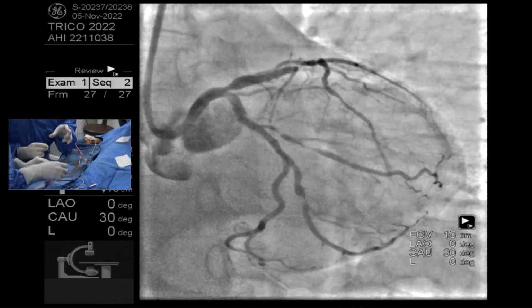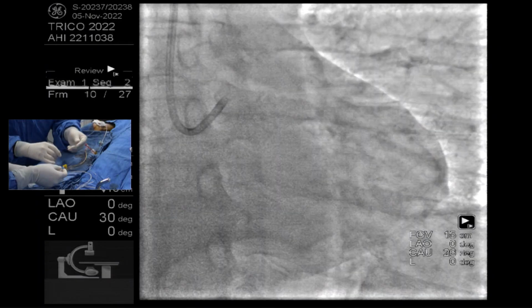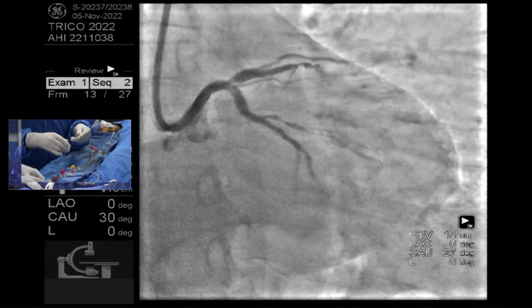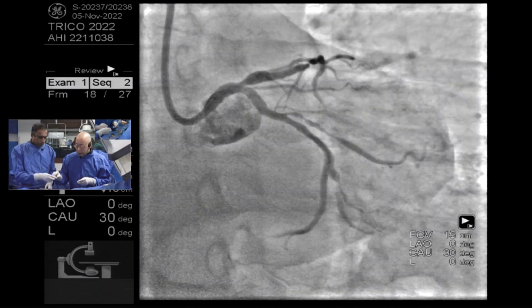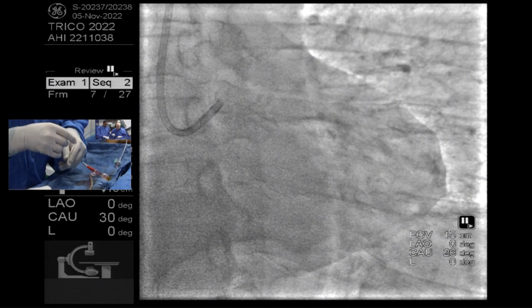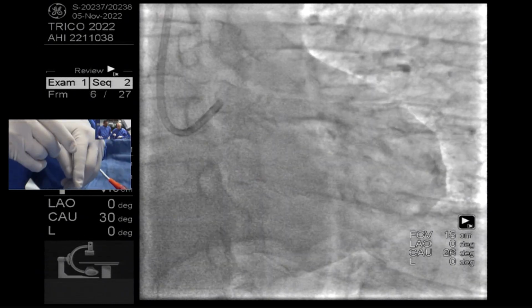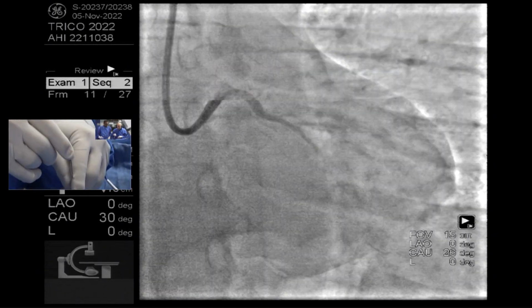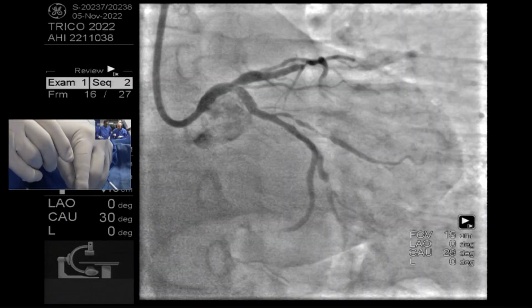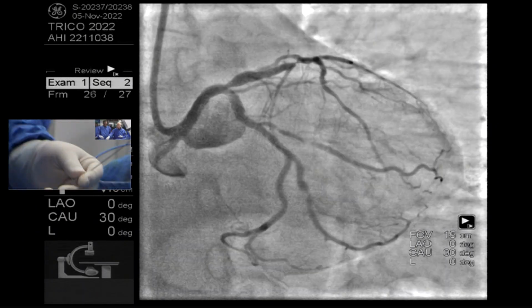Do you have any insertion tool? This is a live demonstration case, so for safety, I instead took the 7 French system.